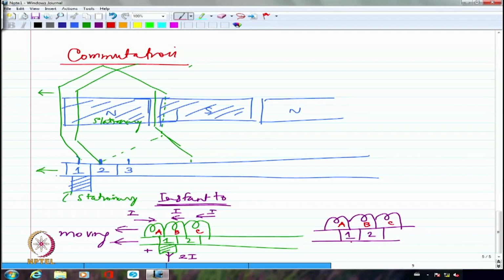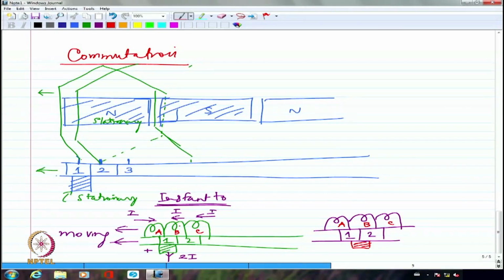And I'm going to have actually the brush probably slightly moving away. It looks as though the brush has moved away, but actually the commutator segment has moved away. The brush is stationary, but the commutator segment has moved away. Originally, B was carrying the current, entire current I, which was being collected by the brush.